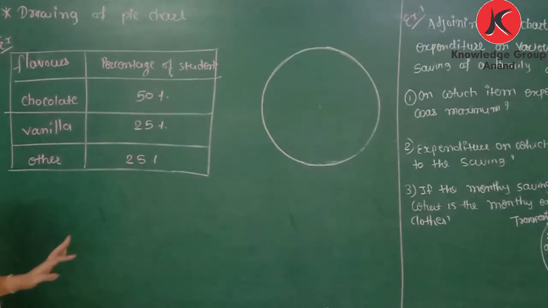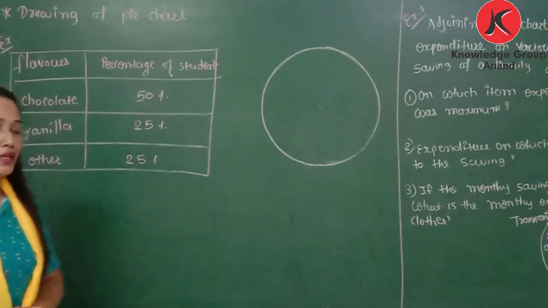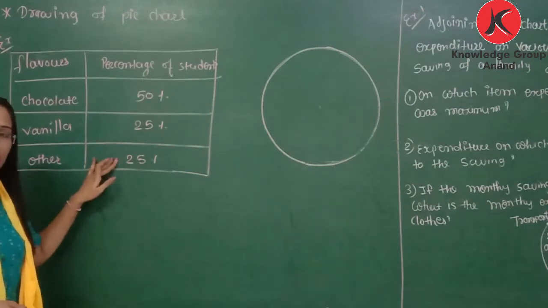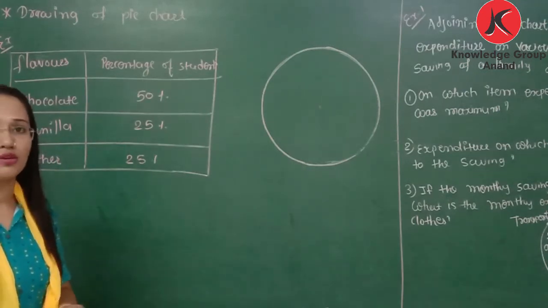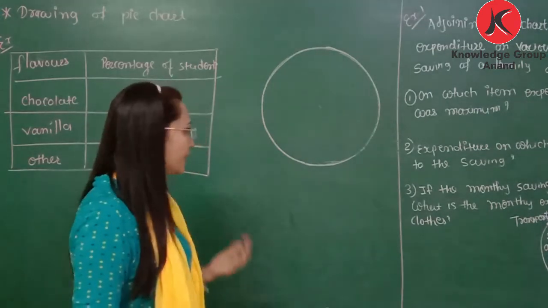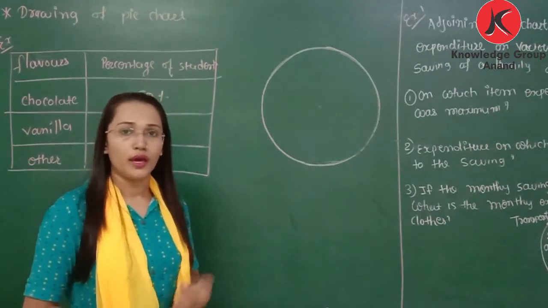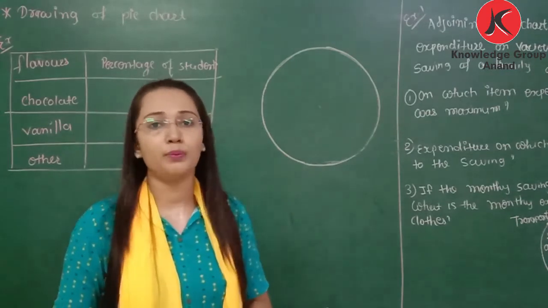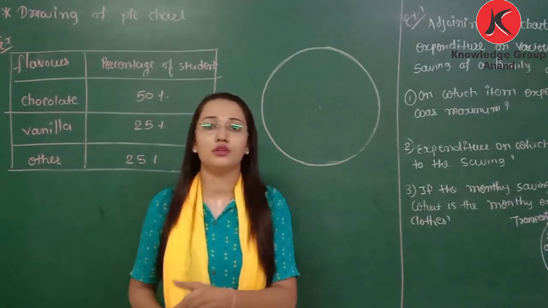So we need to draw a pie chart for this. But here, the percentage is given. So how can we convert this into fractions? As I already told you, first of all we need to convert the data into fraction form, and after that we need to represent it as a fraction of 360 degrees.